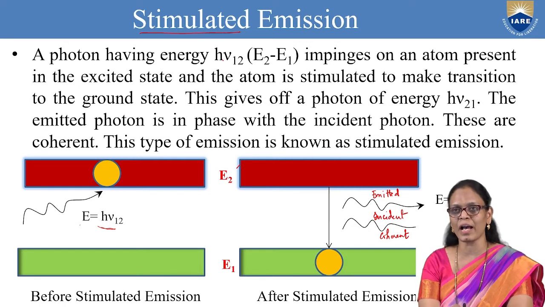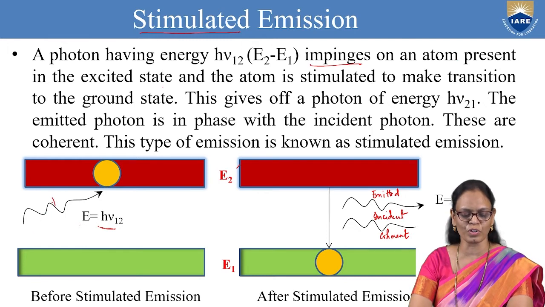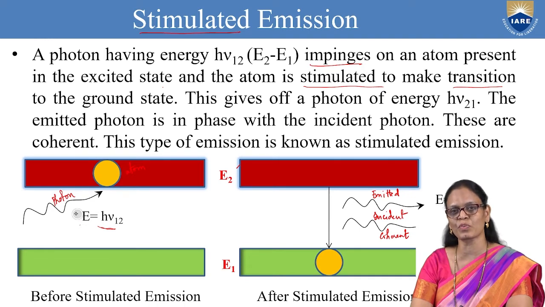So a photon having energy impinges on an atom present in the excited state. What happens? The atom is stimulated to make a transition to the ground state with the help of this photon.